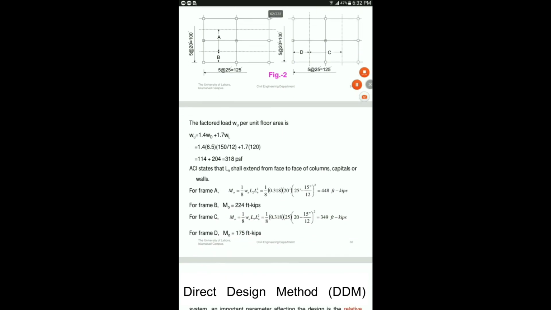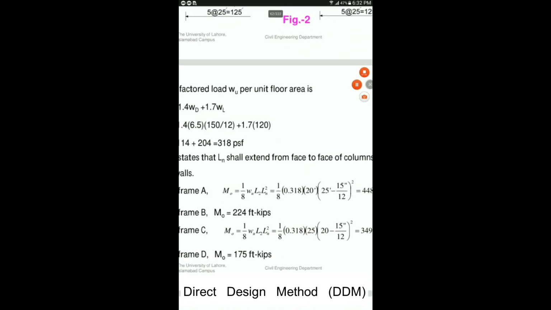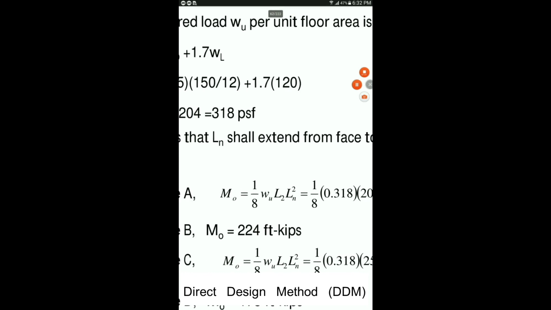The formula to calculate the total factored static moment is M naught equals 1/8 Wu L2 Ln squared, where Wu is called the total factored load, and we have the formula for this one as 1.2 dead loads plus 1.6 live loads.